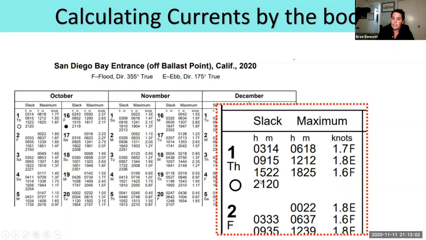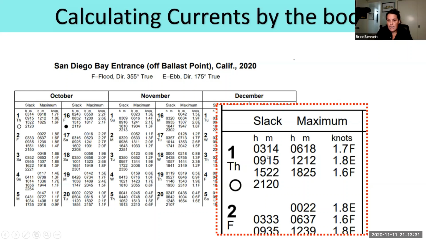And then we slacked and then flooded, and then slacked and then ebbed. So to follow this timeline, we kind of go across and then down and zigzag, across and then down and zigzag. And those maximums, the value of that maximum current, the velocity, is going to be in knots there.